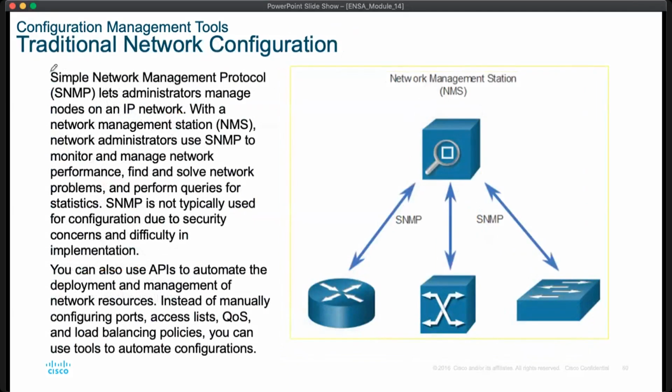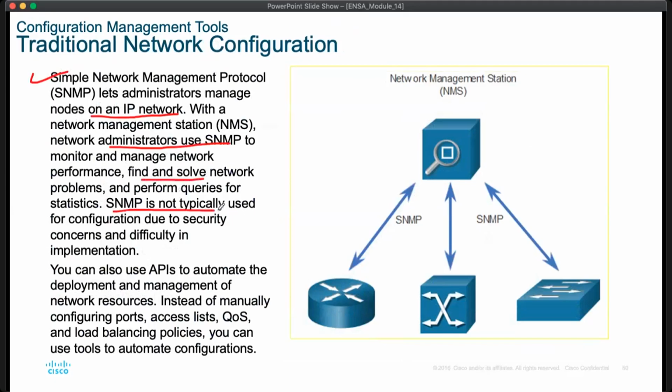So traditional network configuration, as you know, the SNMP or Simple Network Management Protocol, lets administrator manage nodes, yeah, on an IP network. With a network management station or NMS, network administrator use SNMP actually to monitor and manage network performance, find and solve network problem, perform queries for statistics.